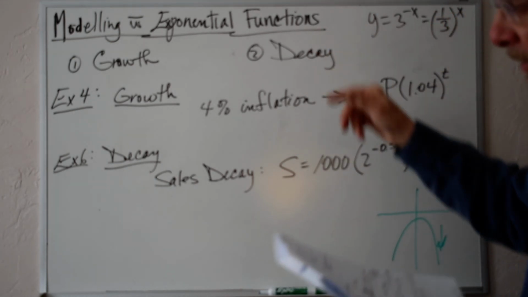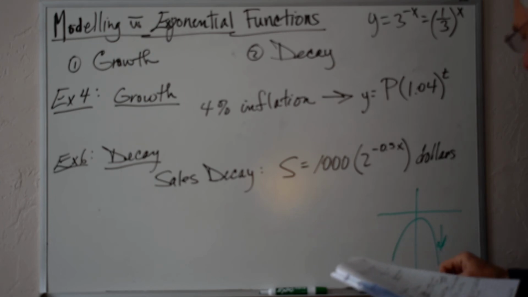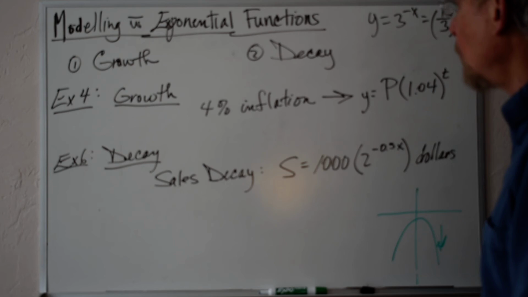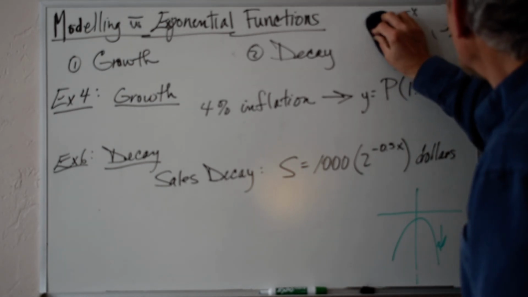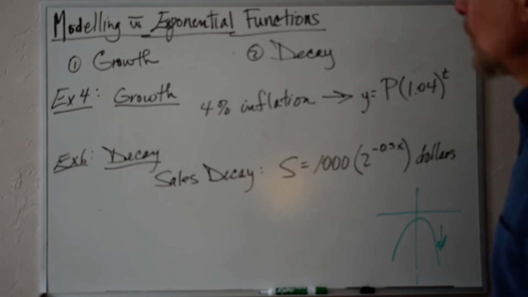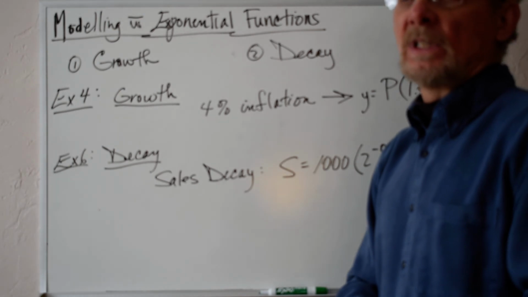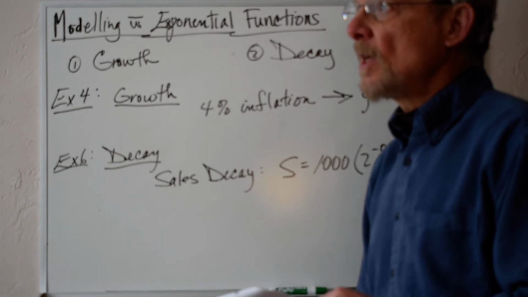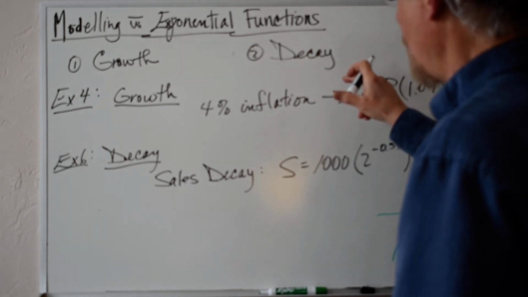Let's look at some real life problems. Modeling with exponential functions. This is on page 318 of your textbook. There are basically 2 situations that exponential functions apply to. One is a case of growth, like we saw the paramecia in that first example growing. They would double every hour.